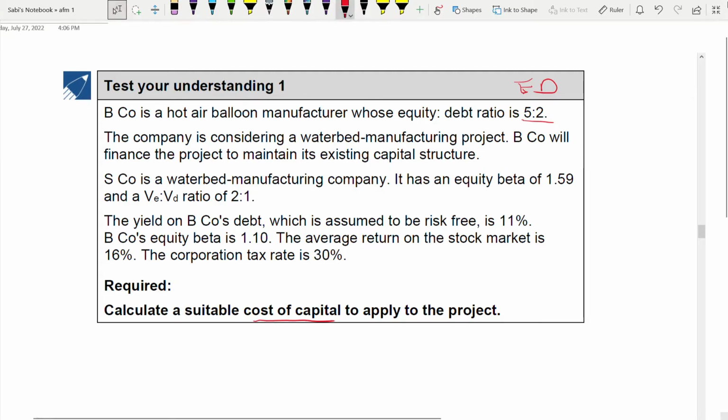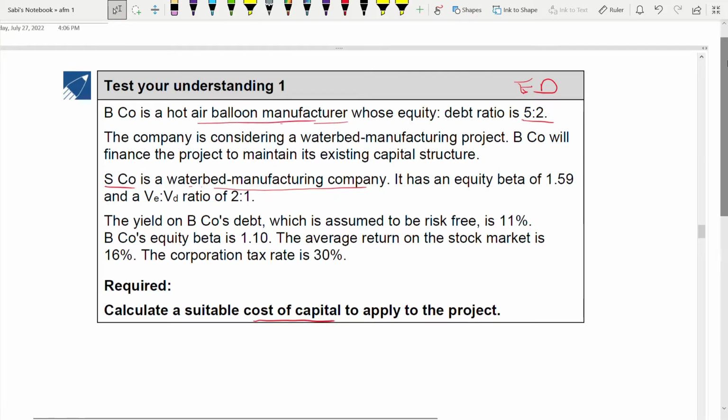It has an equity, so this is another company. He's into waterbed manufacturing. This is the hot air balloon manufacturer. It has an equity beta of 1.59 and VE to VD, that means equity to debt, 2:1. So you have been given the equity to debt ratio of both the companies, and the equity beta of the similar company.